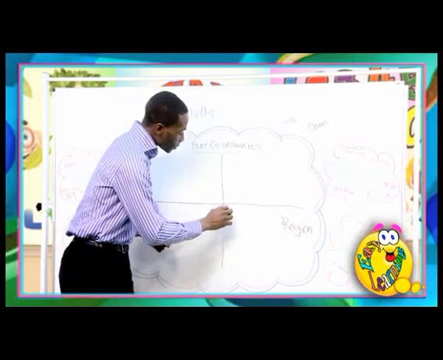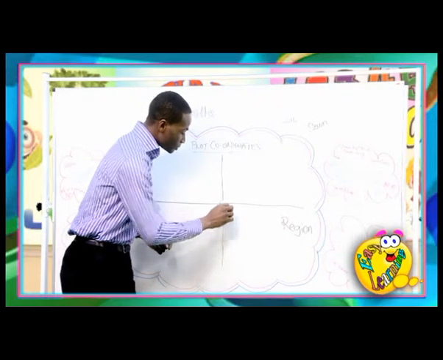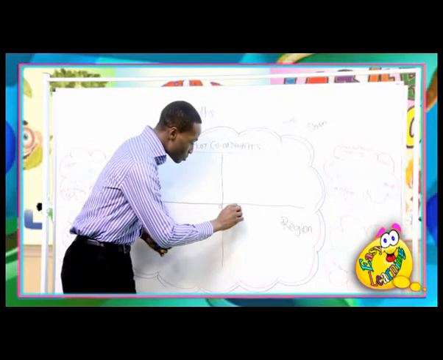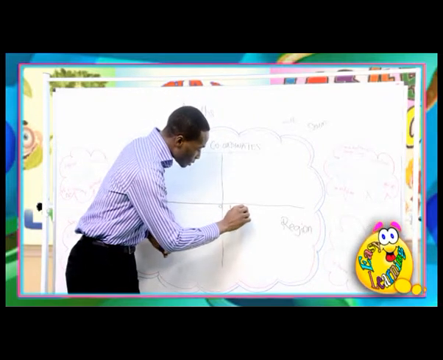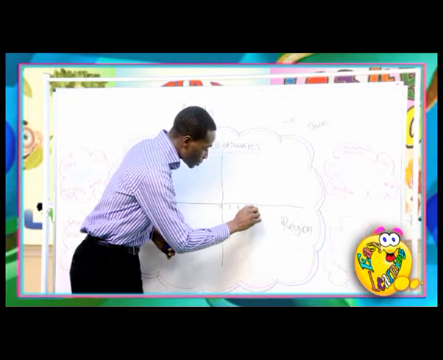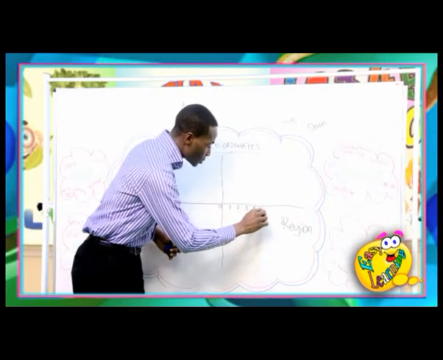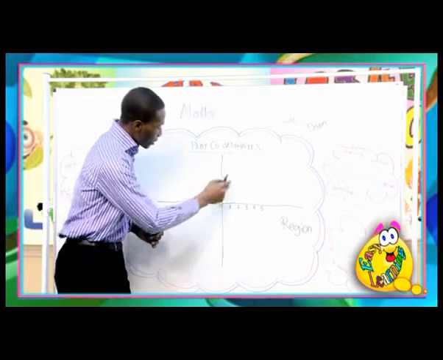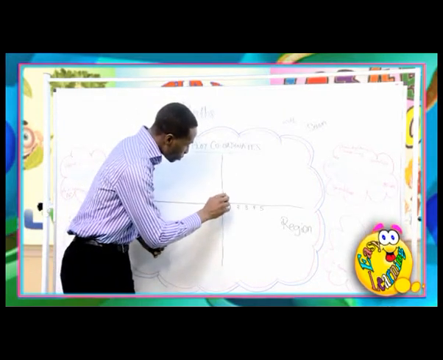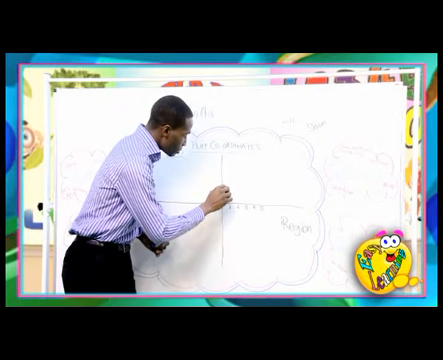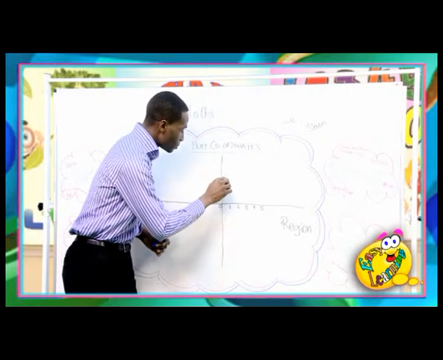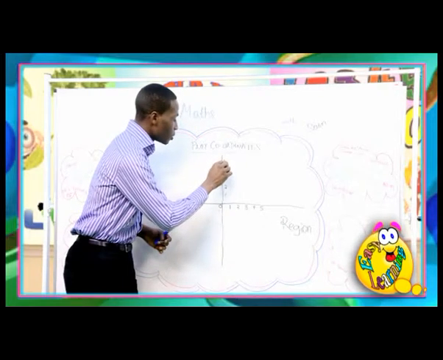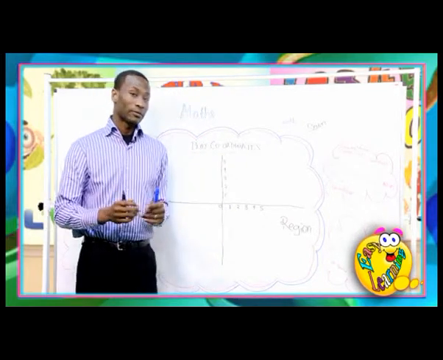Now, if we use the ruler and this is point 1, this will be point 2, this will be point 3, this will be point 4, and this will be point 5, right? And this at the top here will be point 1, point 2, point 3, point 4, and point 5.